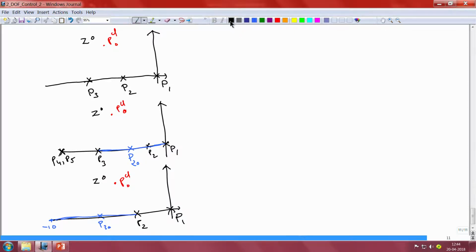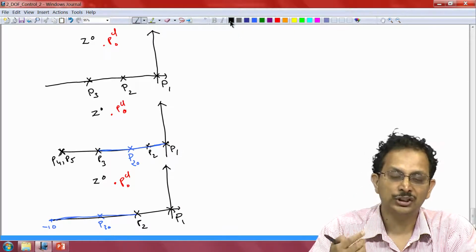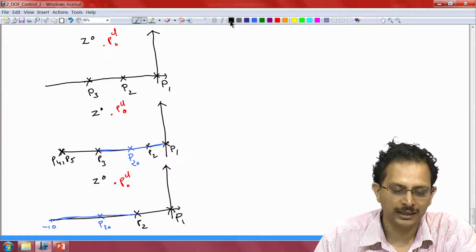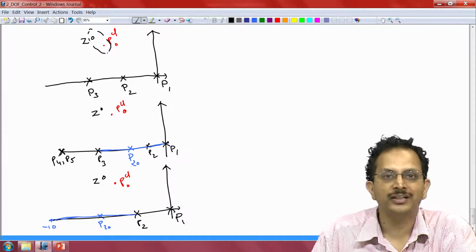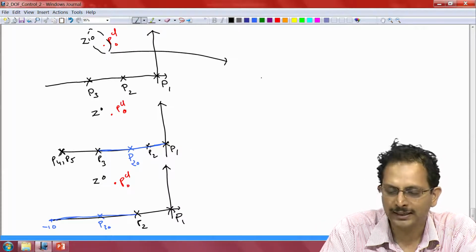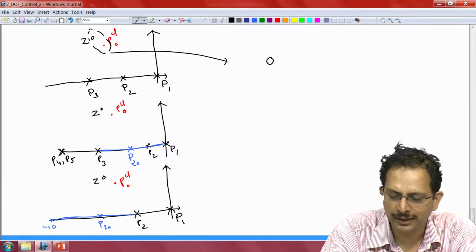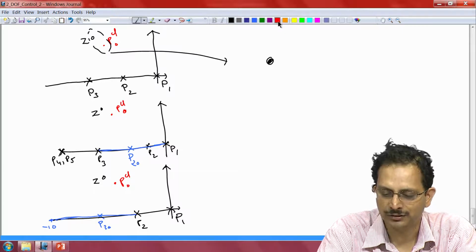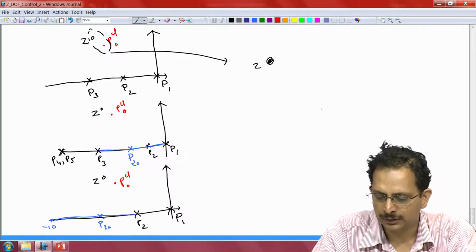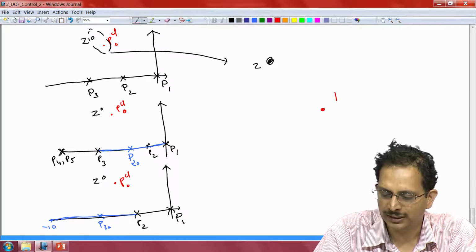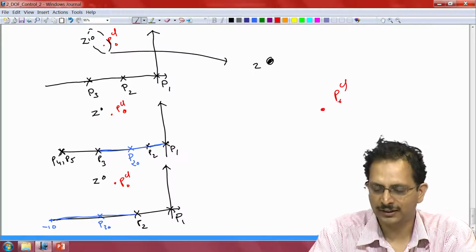In order to understand how the closed loop pole position changes when the gain of the plant varies, I shall zoom into this region near the point Z and PCL naught and separately draw it here exactly as we had done in the previous examples. So this is the point Z and the closed loop pole position PCL naught is somewhere here.